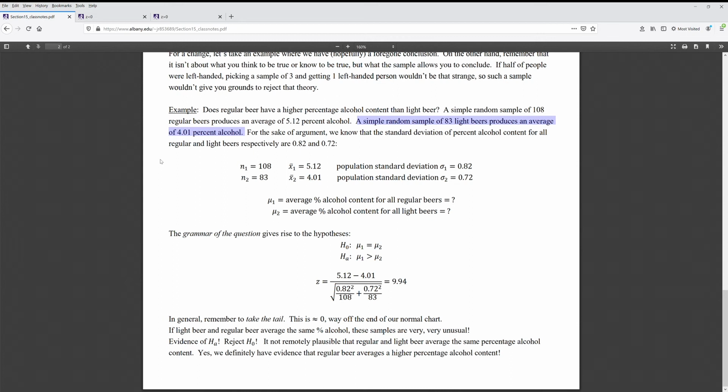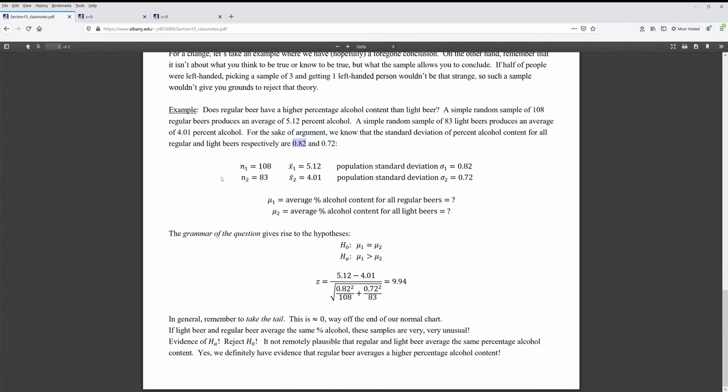What does that prove? Well, it may not prove anything. Bearing in mind that prove is always a strong word in statistics, what does it provide evidence of? Maybe nothing, maybe something. For the sake of argument, let's assume that although we don't know how regular and light beers average, we do know how all regular beers vary, and we do know how all light beers vary.